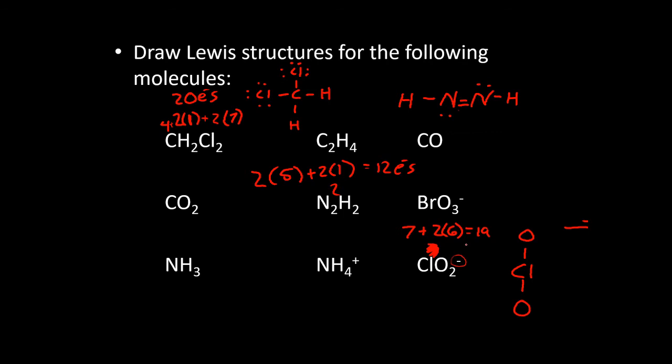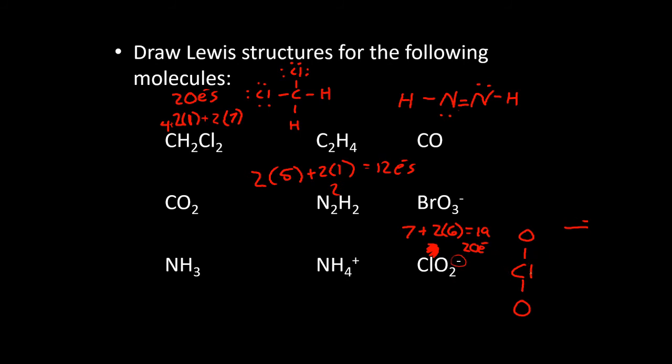So we're going to have 20 electrons, because we're going to add 1 extra because of this negative charge. The ion has an extra electron, and so our Lewis structure is going to have an extra electron. All right, so we have 20 electrons to give.